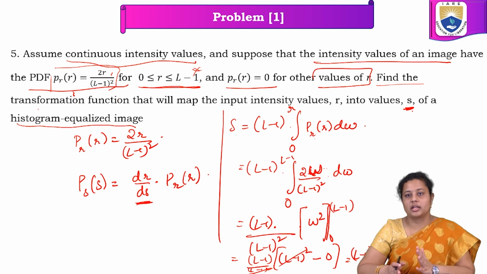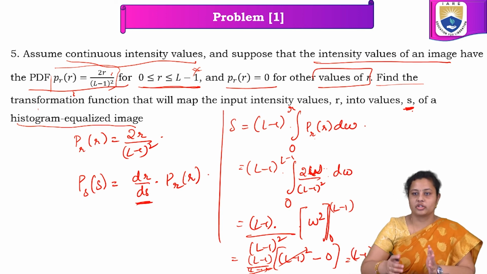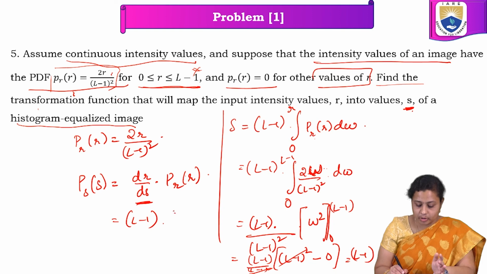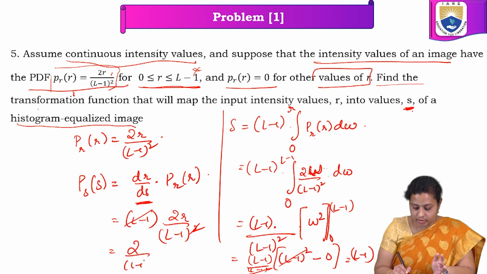From there, I can calculate my probability density function, which is equal to (L-1) times 2r/(L-1)^2 inverted, and from this I get 1/(L-1).